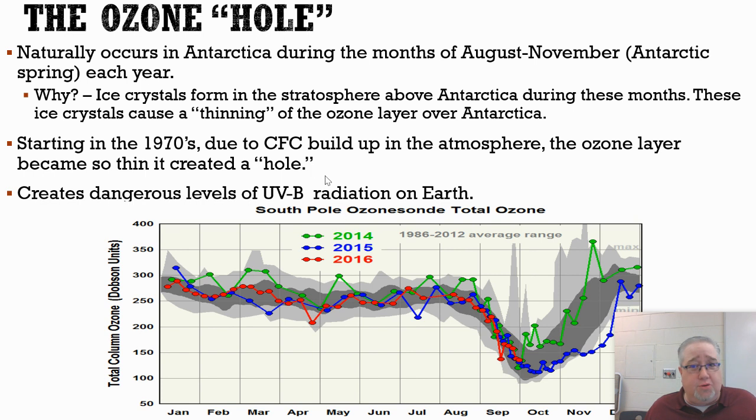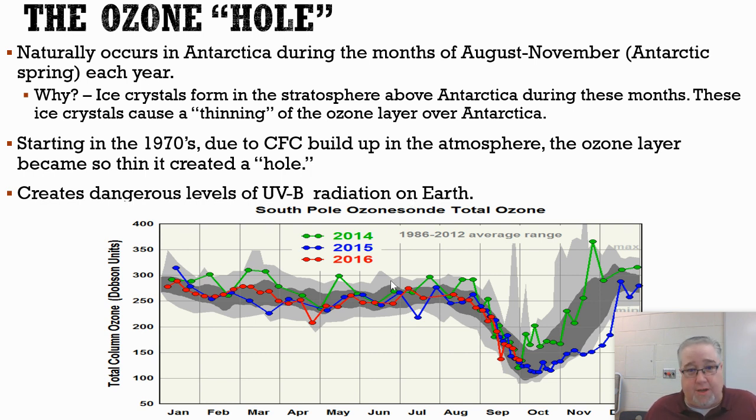But due to us putting a bunch of CFCs in the atmosphere, that normally thin layer of ozone is even thinner. It's thin to the point where there isn't any ozone. If there's no ozone above the Antarctic, or that area is very thin, then that allows really dangerous levels of UVB radiation to reach the planet, especially above the Antarctic.